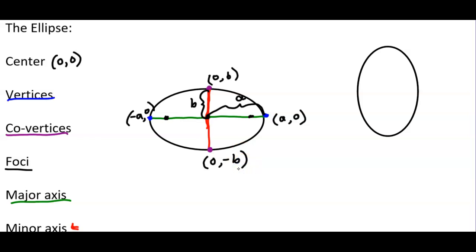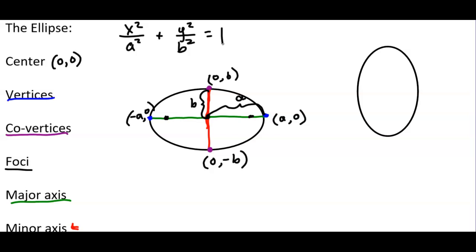Now, the equation for an ellipse looks like this: x squared over a squared plus y squared over b squared equals 1. That is the standard form for the equation of an ellipse centered at the origin.